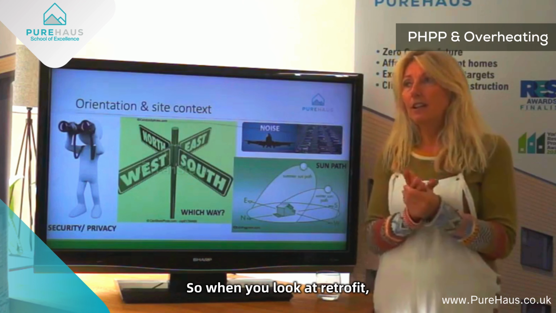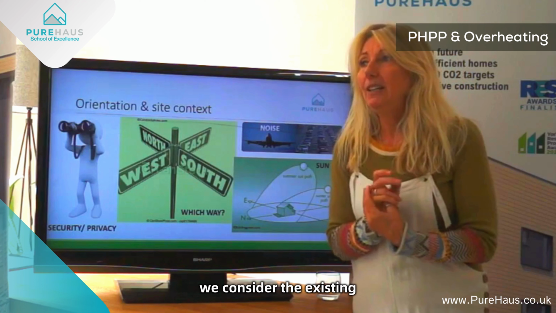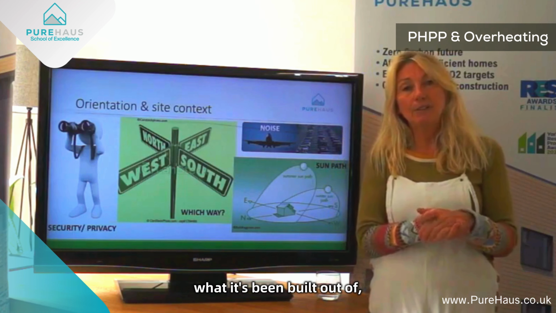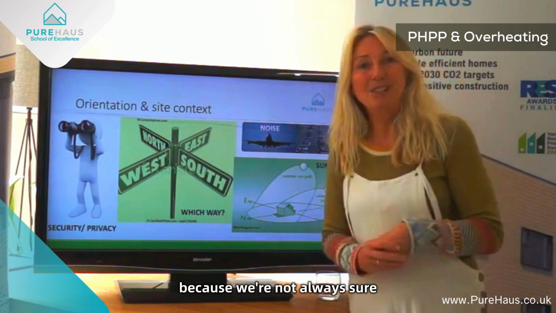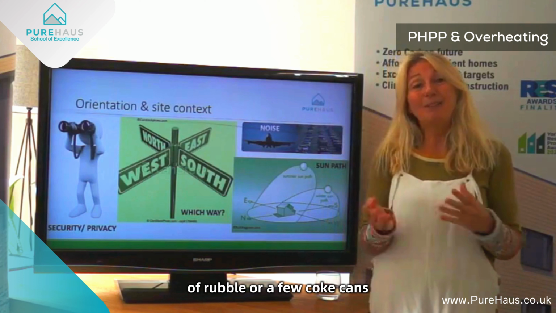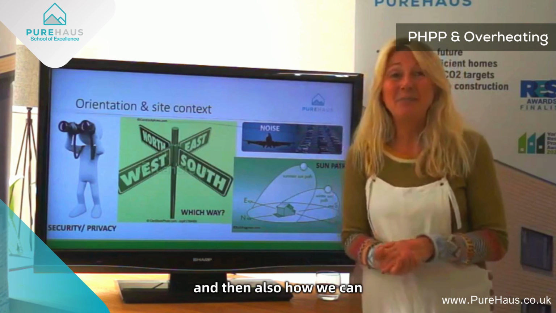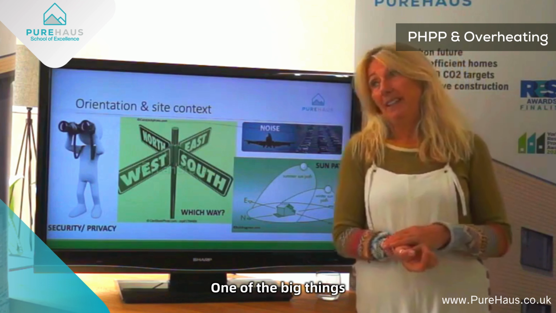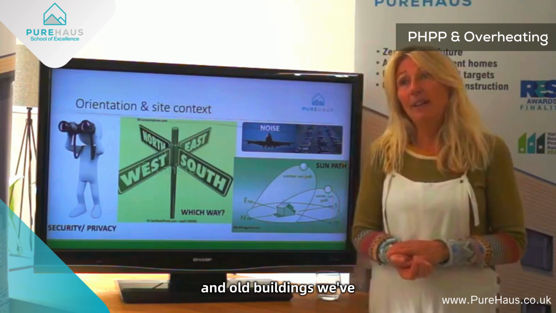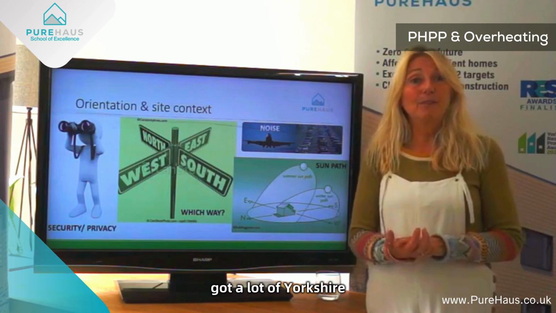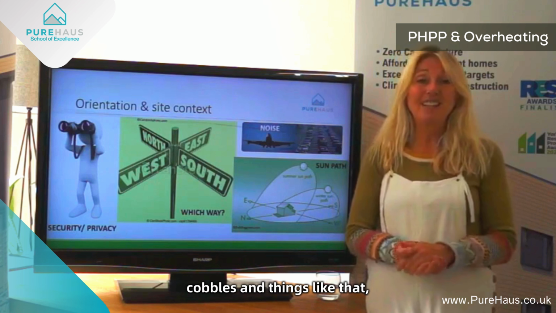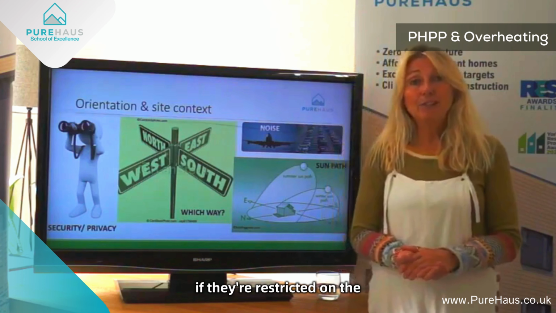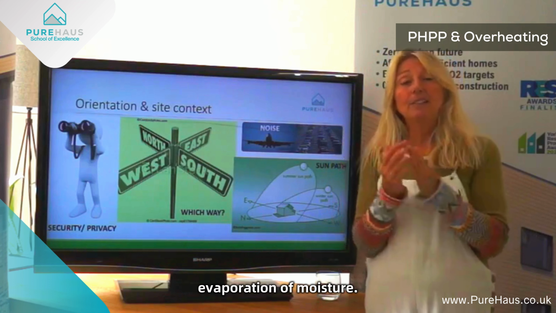So when you look at retrofit, we consider the existing building and the fabric of the building, what it's been built out of, what might be in the walls, because we're not always sure whether there's any insulation or just a pile of rubble or a few coke cans, and then also how we can best make that perform. One of the big things, particularly with solid wall old buildings, we've got lots of Yorkshire stone around here and cobbles and things like that, is that the walls can suffer if they're restricted on the evaporation of moisture.